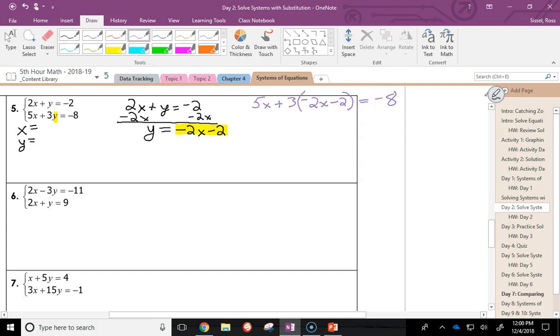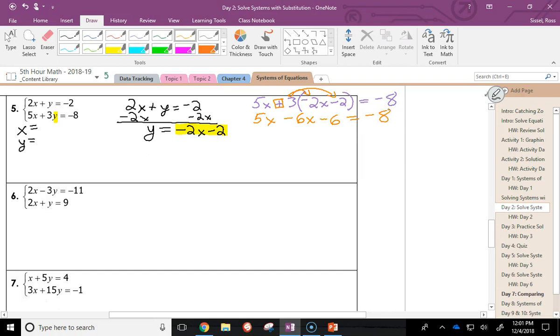Make sure you write the equation right. Okay, we distribute 5x, and I'm going to distribute a positive 3. 3 times negative 2x is minus 6x. 3 times negative 2 is negative 6.